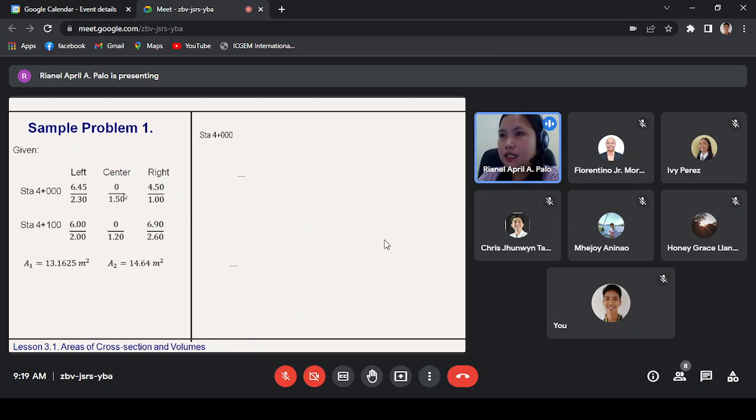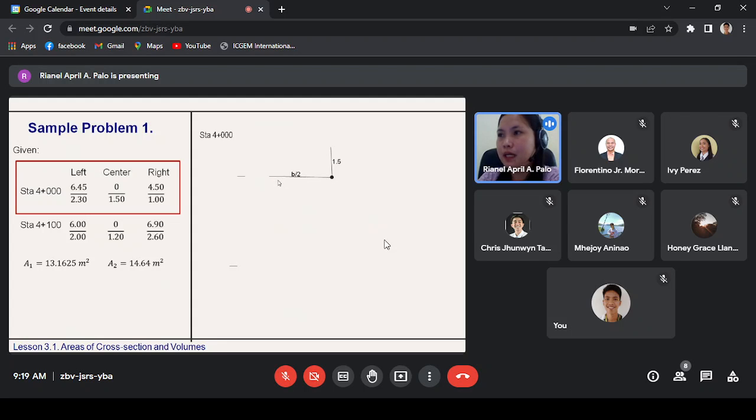In that case, we plot station 4 plus 00. From the center, we have 0, then x, and the vertical distance is 1.5. The width of the base, from the center point to the left end point, is 1/2 of the base.